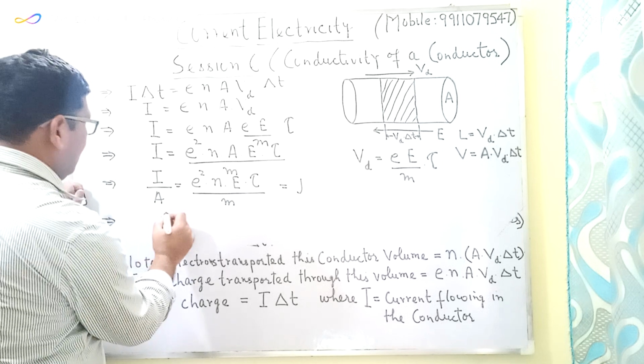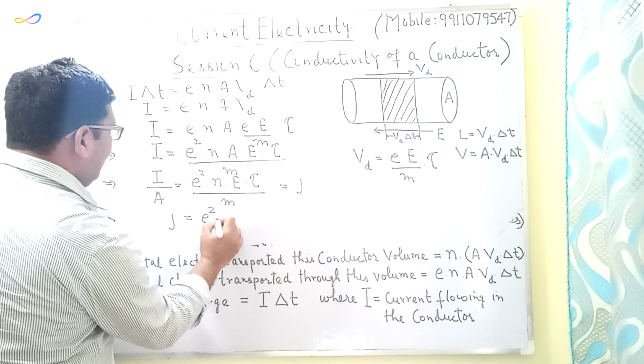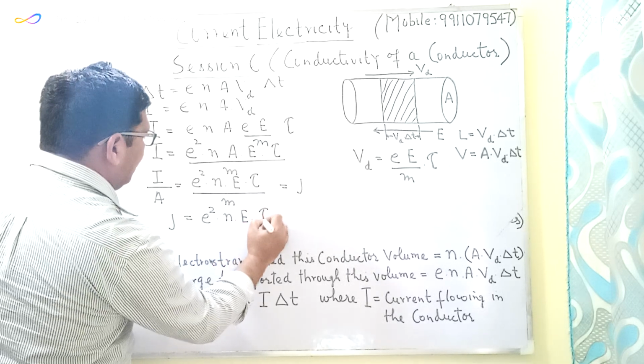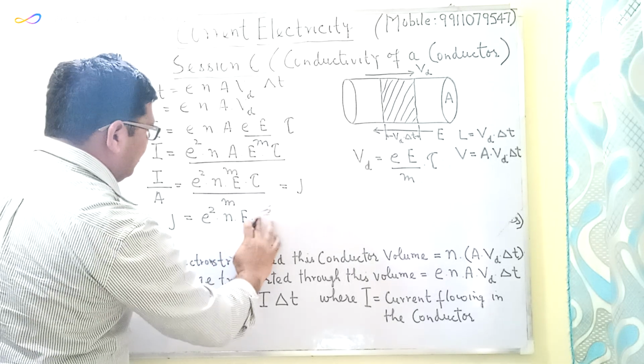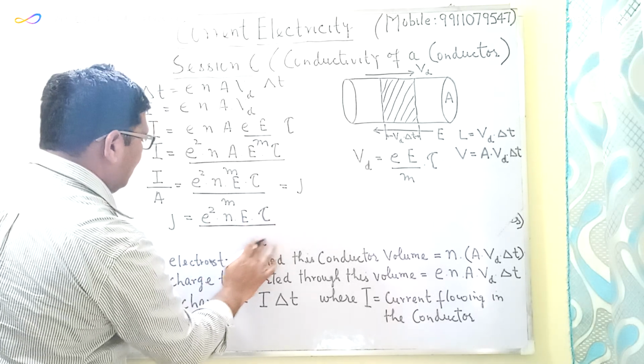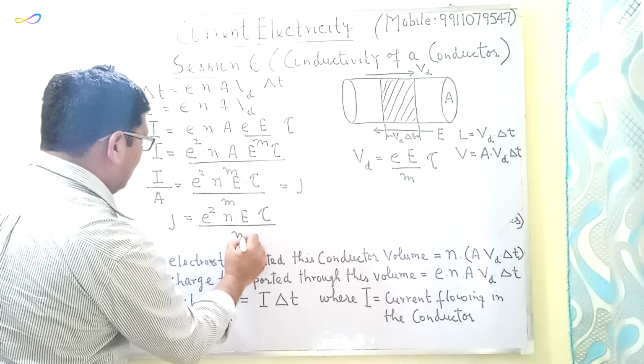So J is equal to e square N E tau upon m.